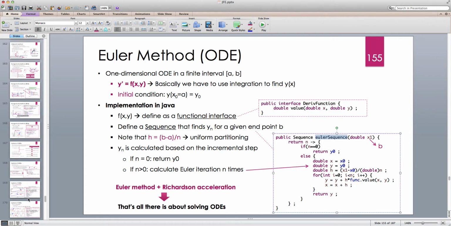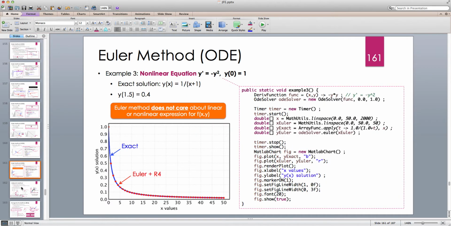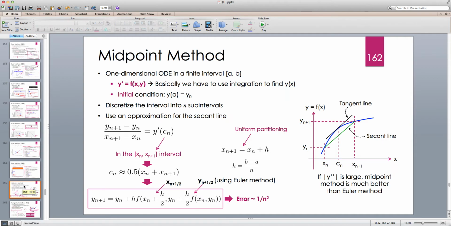And that's the beauty of how we implemented this way of solving ordinary differential equations in Java. So we create a sequence that converges to the value of the function at a given point, and that enables us to update the method just by updating this one line. All right. So this was the midpoint method.